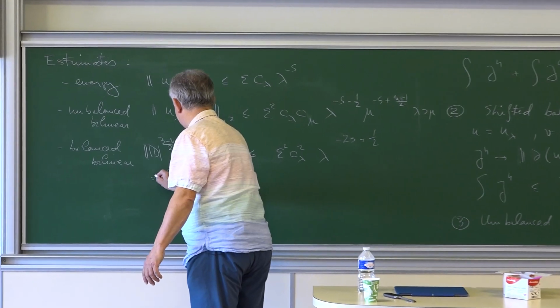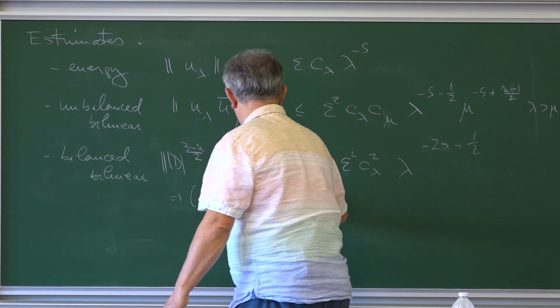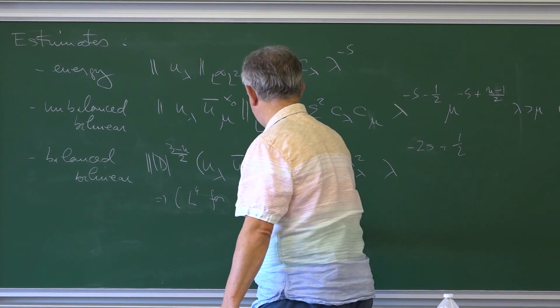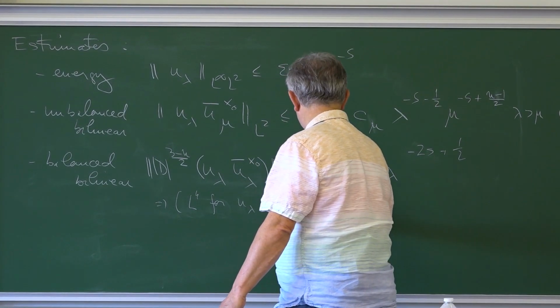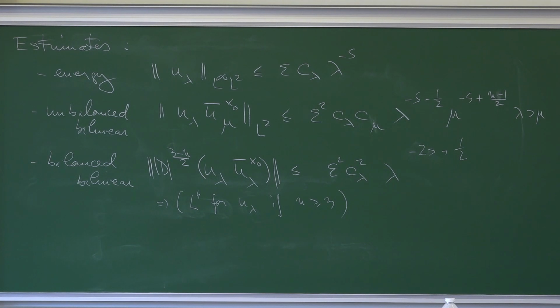So this implies L4 for u_lambda if n is greater than or equal to 3. Whereas if you try to do this in dimension 1 or 2, our guide for that was the work of Fabrice and Luis Vega. So this is the balanced bilinear case.